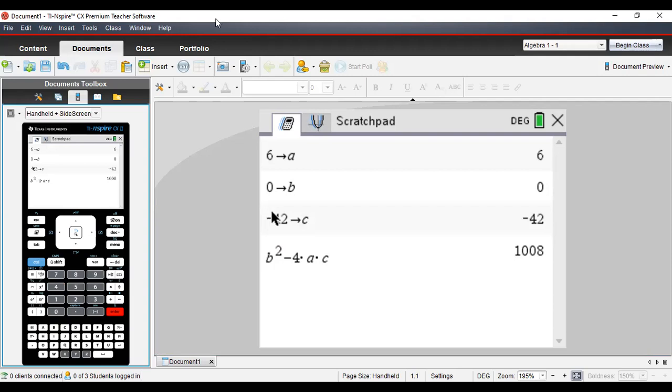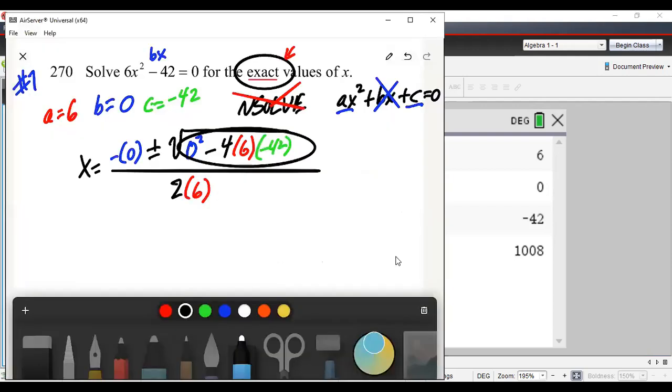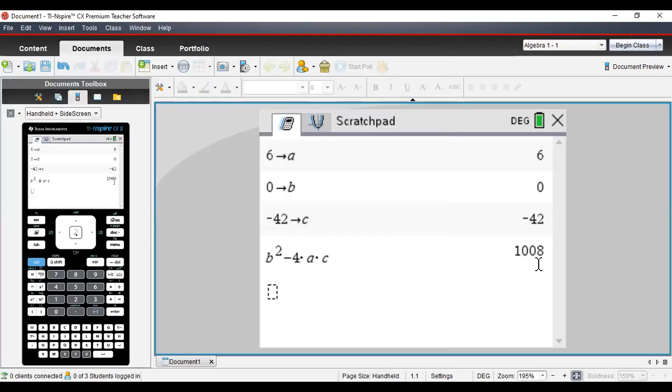Let me move this over. And here's what my final answer is going to be. It's going to be x equals, since it's 0, we don't need to write that. We can have plus or minus. And then inside of here, we're just going to put this 1,008 because that's the b squared minus 4ac part. So that's what you write inside.